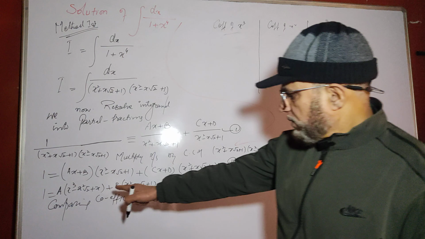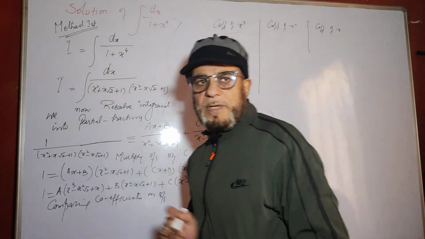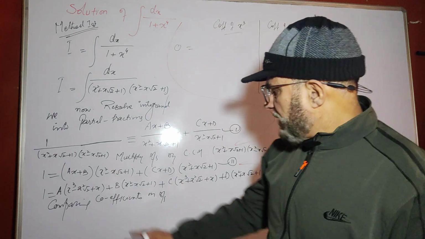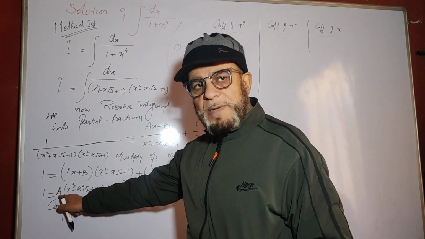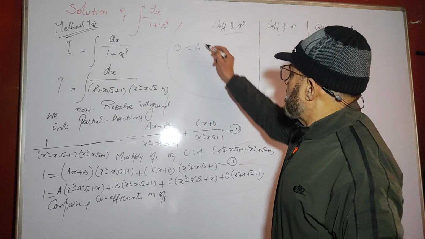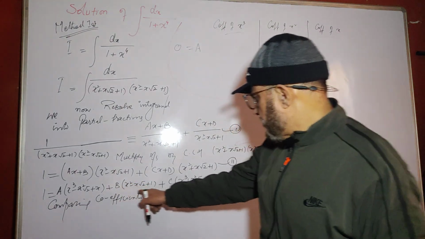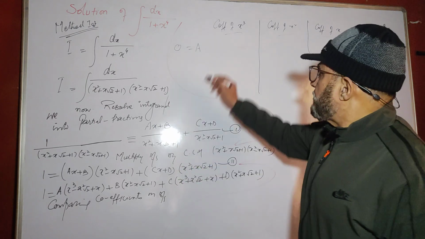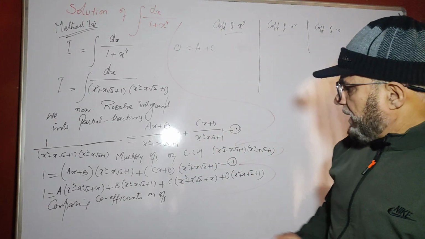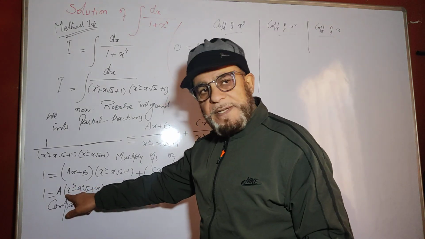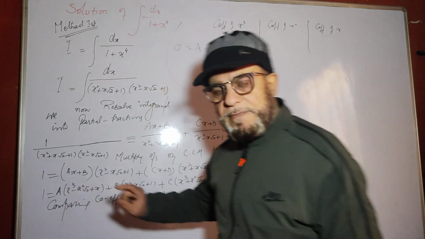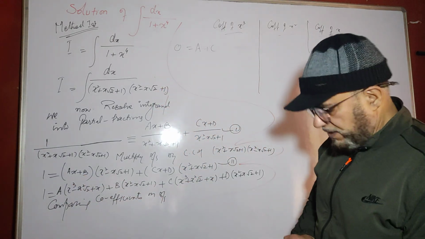Now look at this setup. You don't have x cube on the left side, so the coefficient of x cube on the left side is 0. On the right, the coefficient of x cube from ax times this is a, and from cx times this is c.